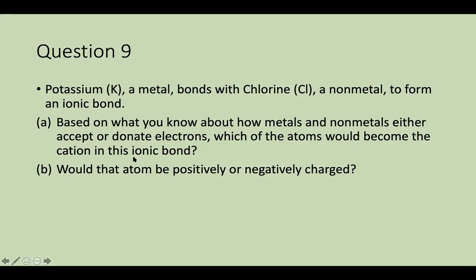Oh, that's part B. Would that atom be positively or negatively charged? So even if you didn't know which one was donating the electrons, at least you might know that a cation is positively charged. So you could still get B without knowing A. So potassium is going to be the cation, and it will be positively charged.